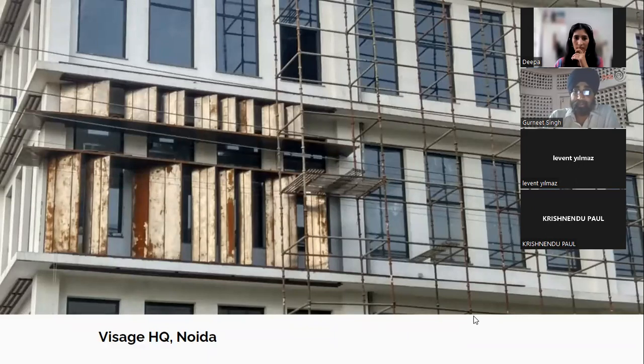What we observed, the workers preferred working on the floor where the shading was implemented, because those floors were cooler or provided a thermally comfortable environment compared to the upper and the ground floor. So that was just a validation of how shading or climate passive design can achieve a comfortable environment, and at the same time can help you with energy savings.